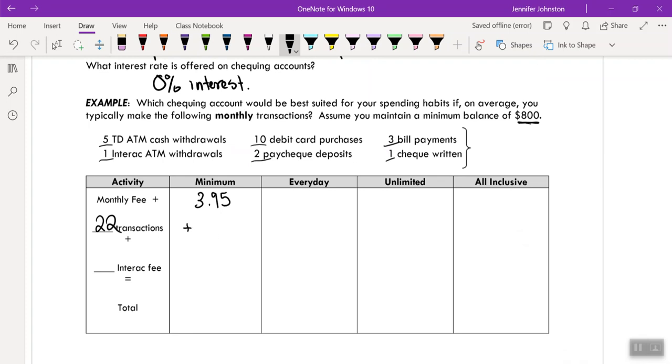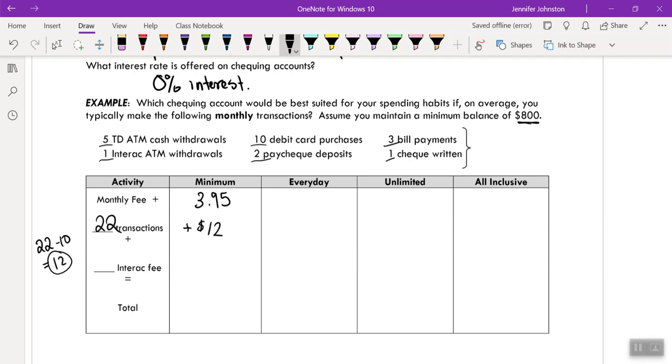Landon, how much are we going to be paying? Yeah, if you said $12, that's it. You're going to be paying $12 in transactions. Why? Because 22 minus 10 free ones gives us 12, so we pay $1 per additional transaction.